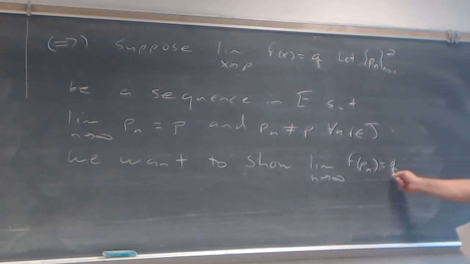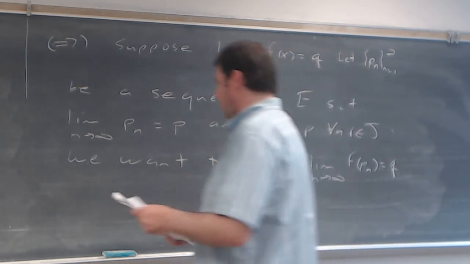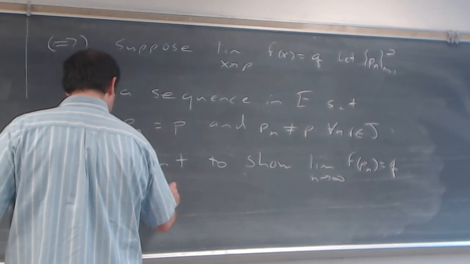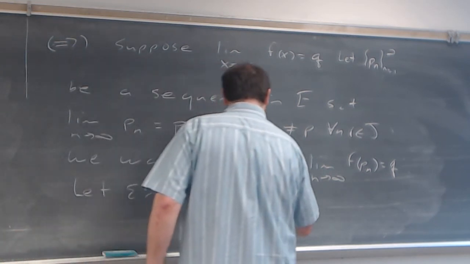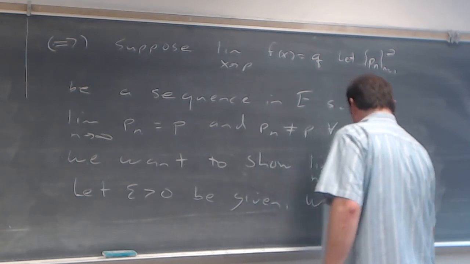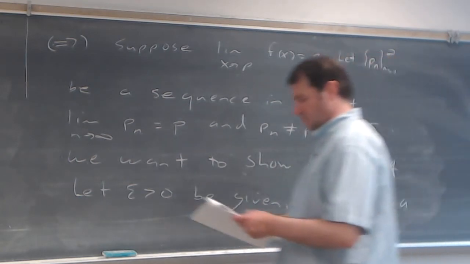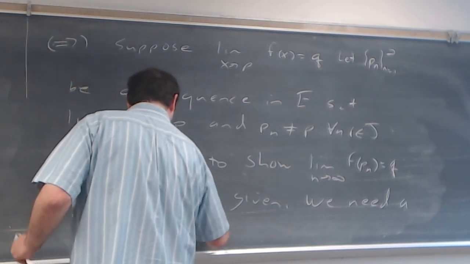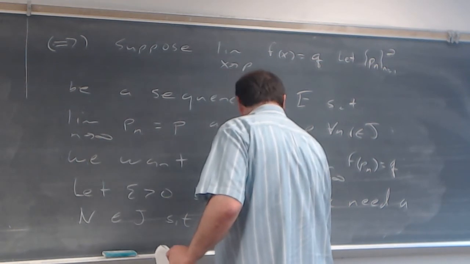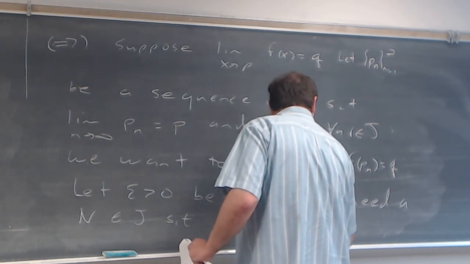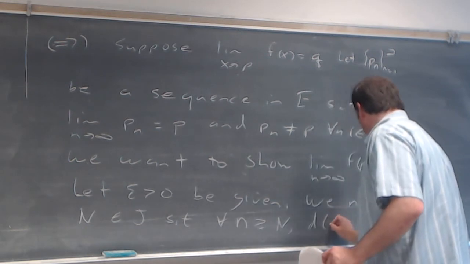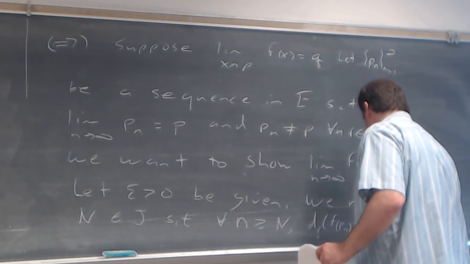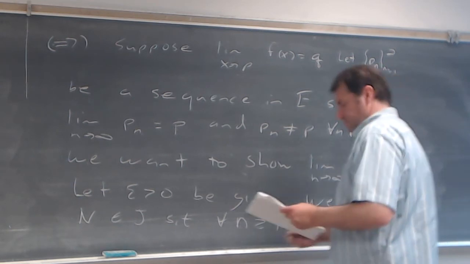Okay, how do I show a sequence in Y converges to a point in Y? Well, we do this by using the definition. We let epsilon be greater than 0 be given. What we need is an N, element of J, such that for all n bigger than or equal to this big N, the distance in Y of f of p sub n and q is going to be less than epsilon.